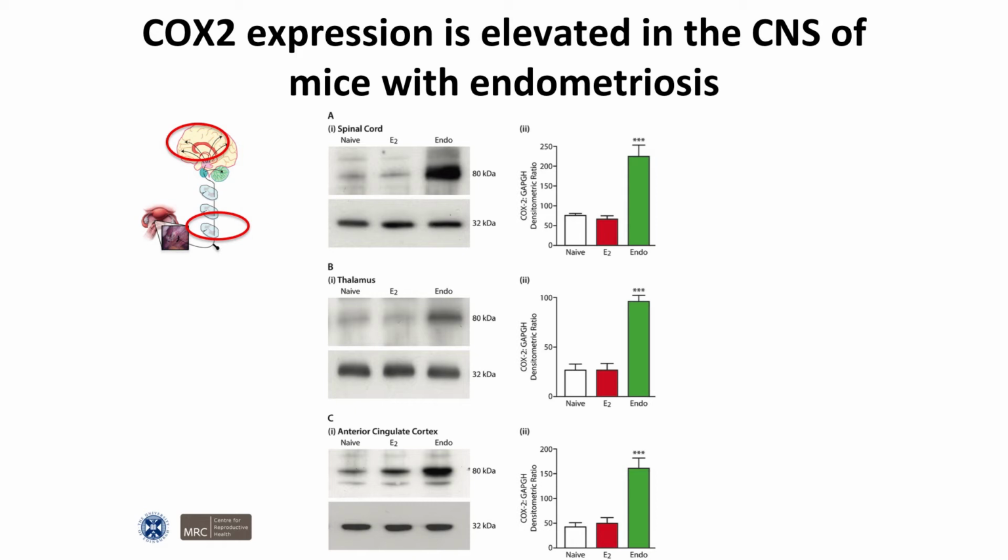And we found that COX-2 was upregulated in the spinal cord, the thalamus, and the anterior cingulate cortex, which is an area of the brain important in pain processing. So we think for the first time we've been able to show that mice with endometriosis actually have a central component to their pain, because we can actually show molecular alterations in the central nervous system.